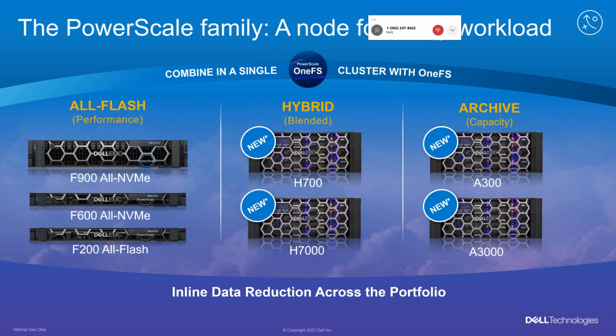As we've moved forward, we just recently released our hybrid nodes on our PowerScale platforms. These are very much like our Gen 6 platforms, with, of course, the added inline data reduction capabilities, not only across our flash portfolio, but of course, across our hybrid portfolio.